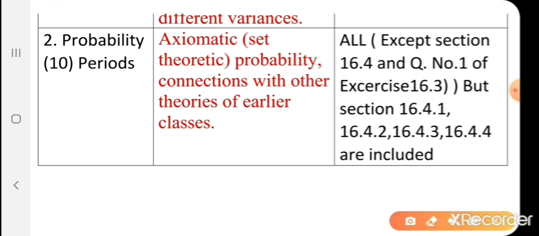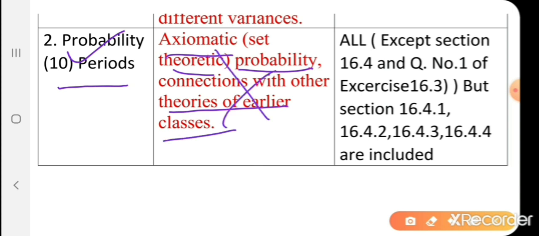In chapter Probability, we have to finish within 10 periods. We have to exclude the axiomatic approach to probability and the connection with other theory of the earlier classes. These are excluded. We have to read all except section 16.4 and question 1 of exercise 16.3.